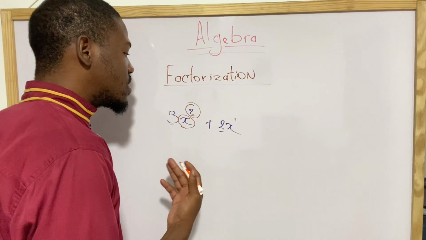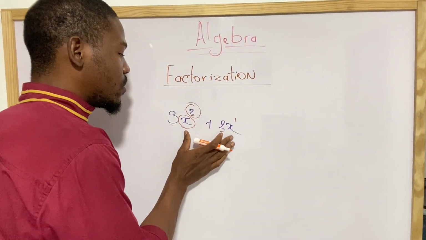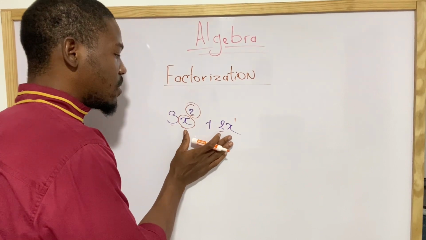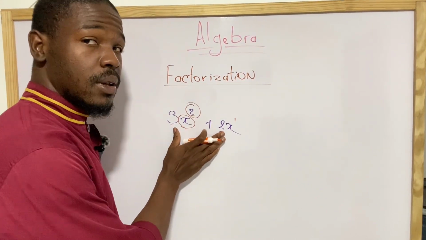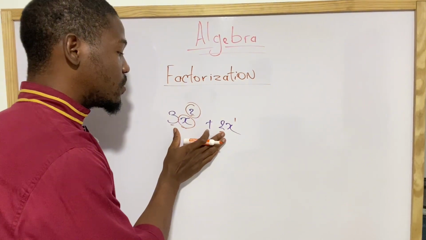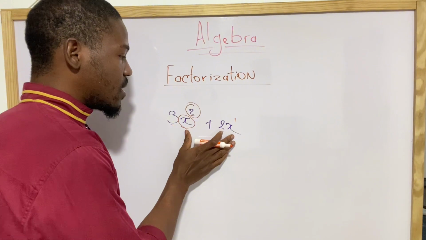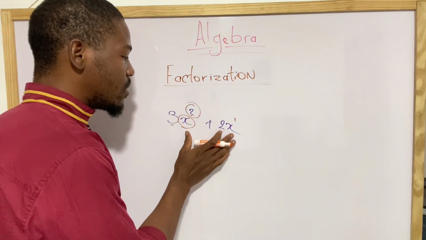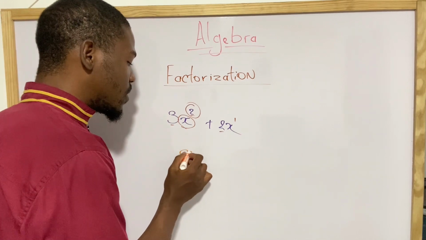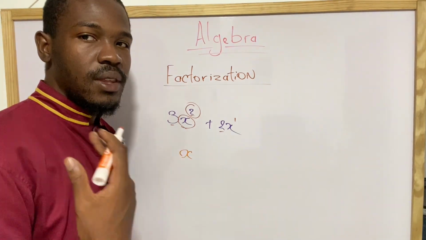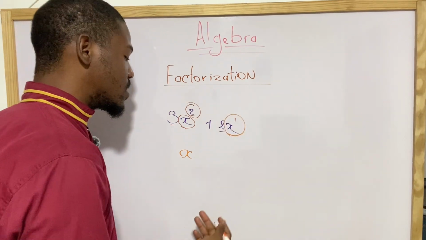So in factorizing this algebraic expression, I could look at what is common amongst both terms. I see that x is common. There's no factor of 3 or 2 that is common other than 1, right? So we just leave that one out. But if we look at the x, we can see that x is common amongst both terms. What we do with variables is that we take out the variable with the lowest index.